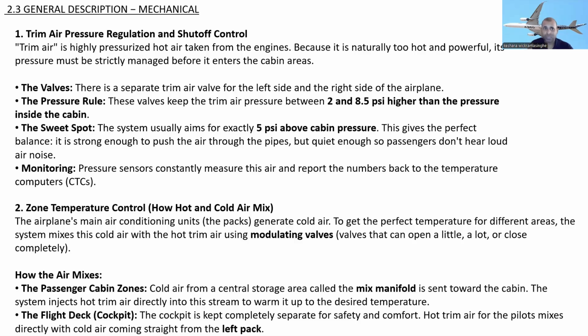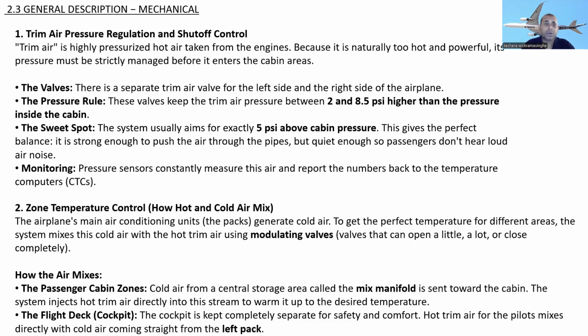The sweet spot is that the system usually aims for exactly 5 psi above cabin pressure. This gives the perfect balance. It is strong enough to push the air through the pipes and quiet enough so passengers don't hear loud air noise. When monitoring, pressure sensors constantly measure this air and report the number back to the temperature computers.